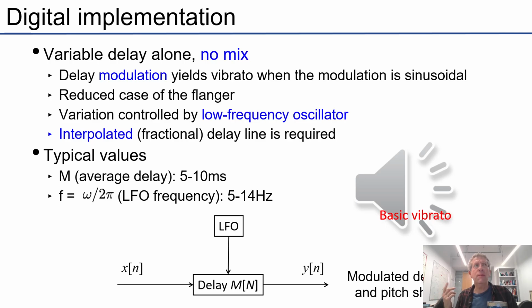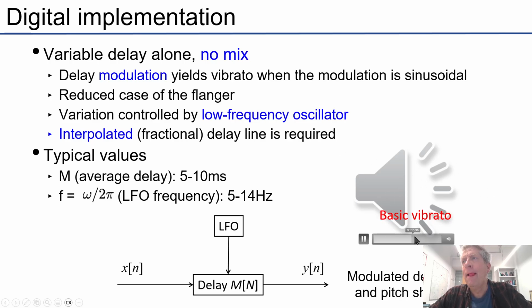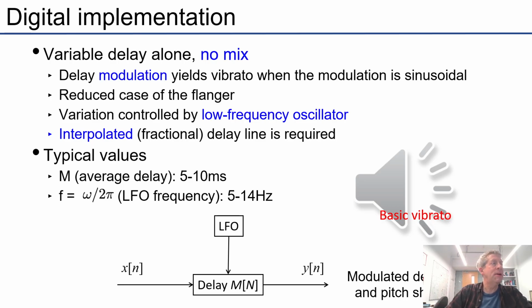When one thinks about fingers moving, it's fairly fast, but compared to audio, it's very, very slow. 5 to 10 milliseconds allows a delay that you can then vary so the delay value can change suitably to produce the frequency shift one expects with vibrato. And that is vibrato.